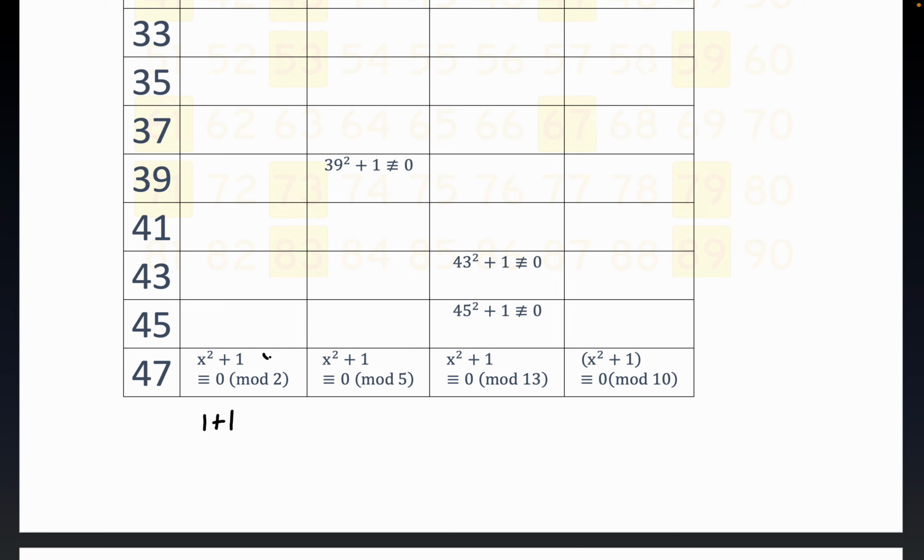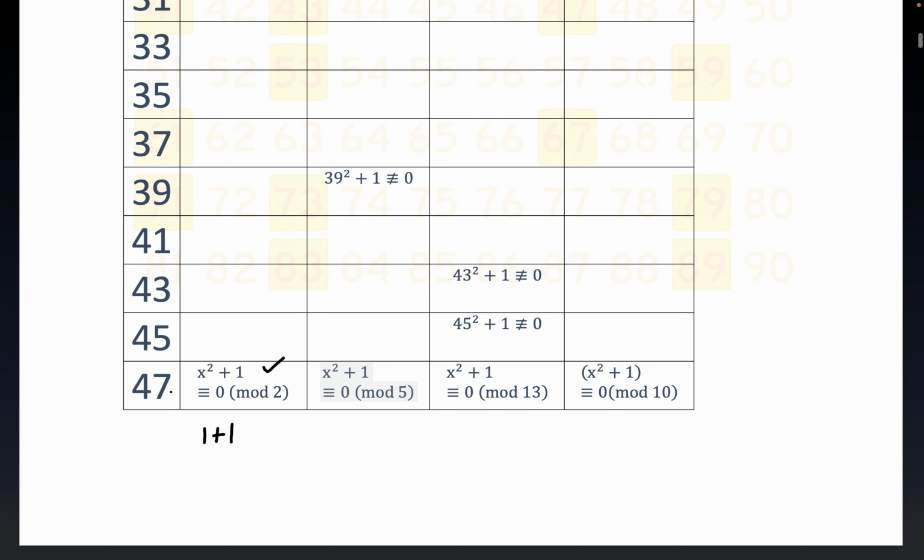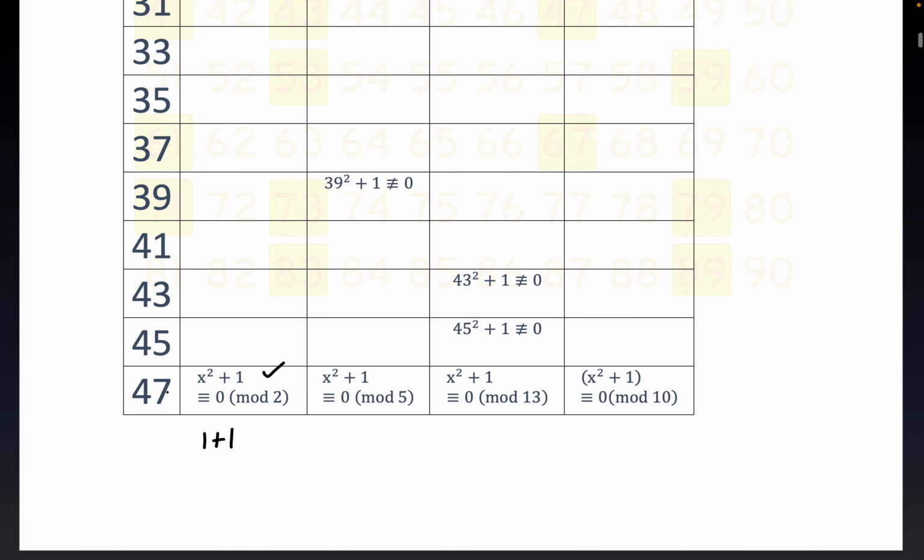Now how about mod 5? 47 leaves a remainder of 2 when you divide it by 5, and so right here you would get 2 squared plus 1. Since that's equal to 5, it's certainly divisible by 5.